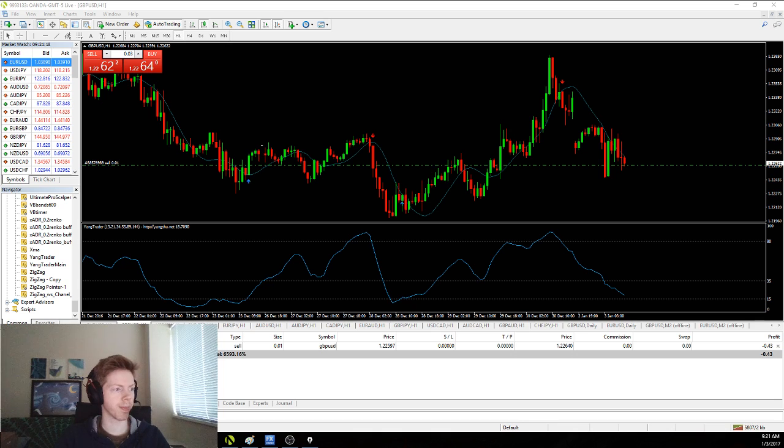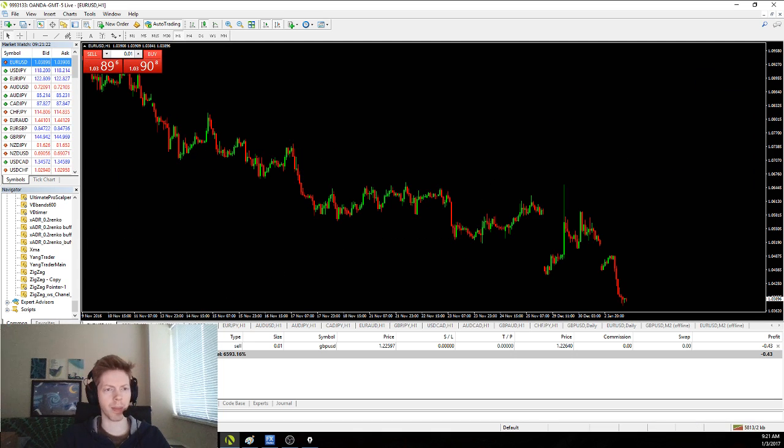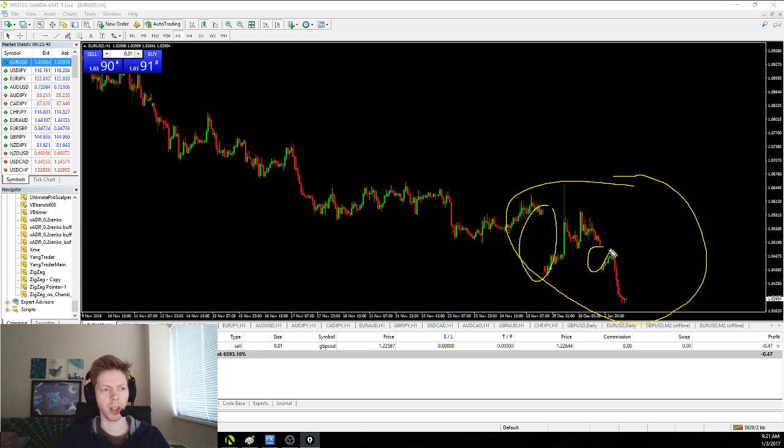Currently, we're looking at the pound USD, but I downloaded some MT4 history, and it kind of messed up my charts on the Euro US dollar. I'm not really sure how to fix that yet. I'm gonna have to do some research, but as you can see, the gaps here and here, it's just not looking right.